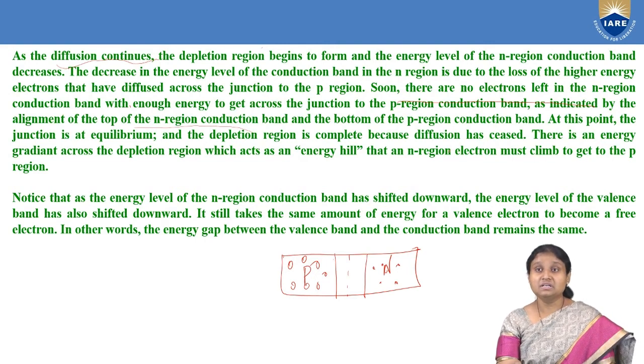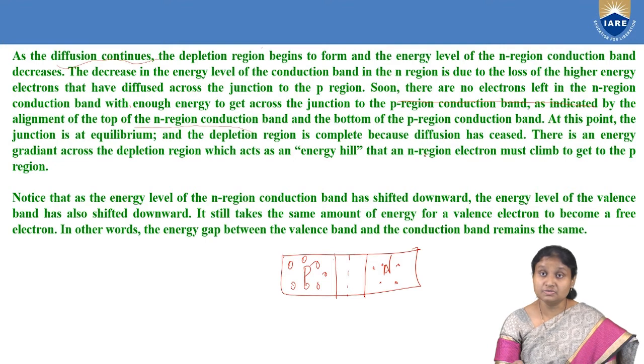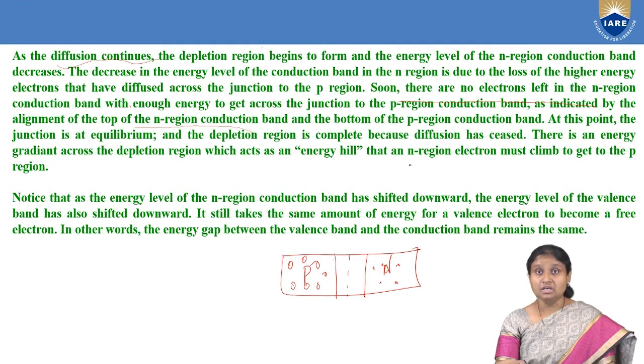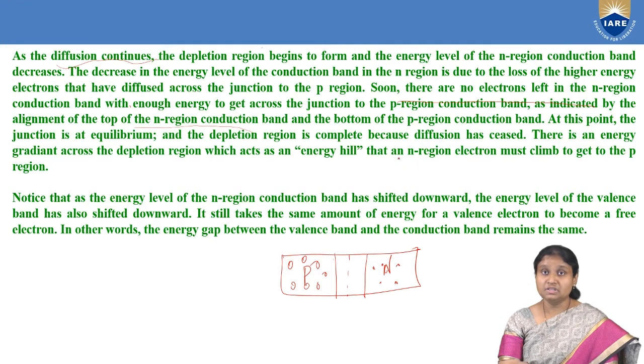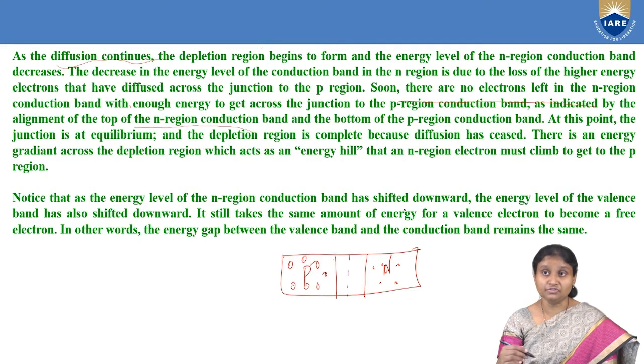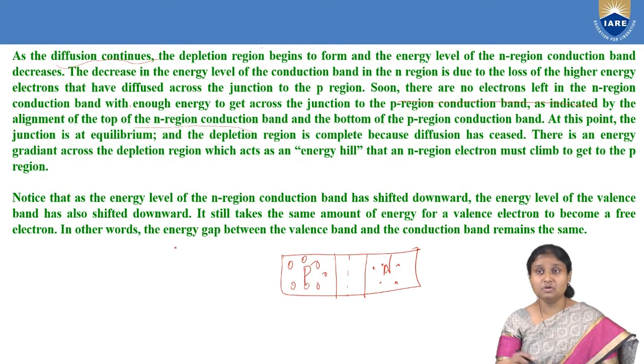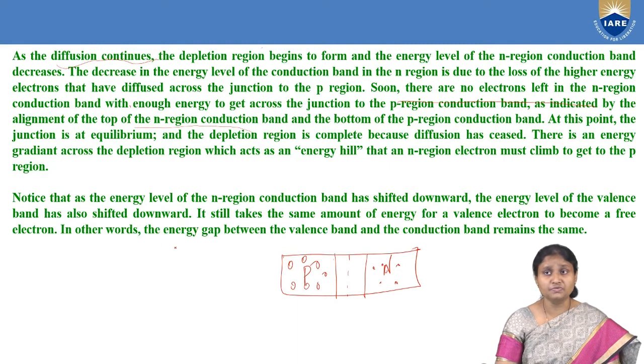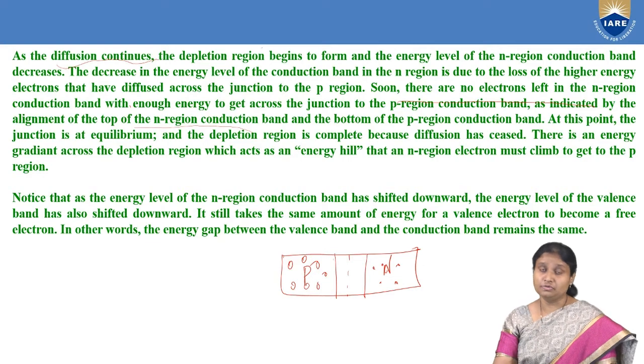Once the junction comes to its equilibrium value and the barrier potential is formed, this depletion region acts as an energy hill, which prevents further diffusion of charge carriers. The conduction band in the N region shifts downward, and the energy level of the valence band also gets shifted downward, and because of all this, the Fermi energy level becomes uniform.